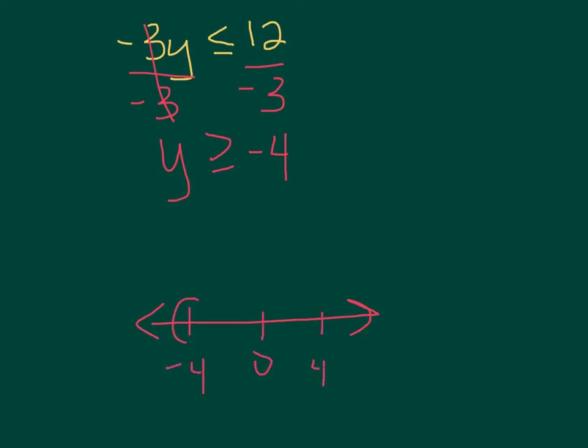Put a circle above negative 4. It has the equal to, so I'm going to shade my circle in. And y is greater than, so that goes to the right. My interval notation goes from negative 4 to positive infinity. It equals negative 4, so I have a bracket, and it does not equal infinity.